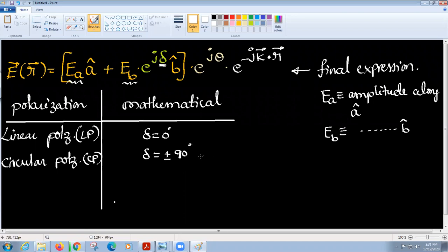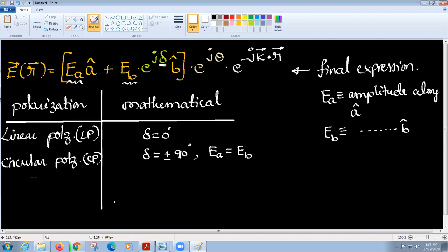And if these two amplitudes remain the same along A and B, and there exists this phase difference between EA and EB, then the traversing wave undergoes circular polarization. And we can trace this on the transverse plane, which is transverse to the direction of propagation.